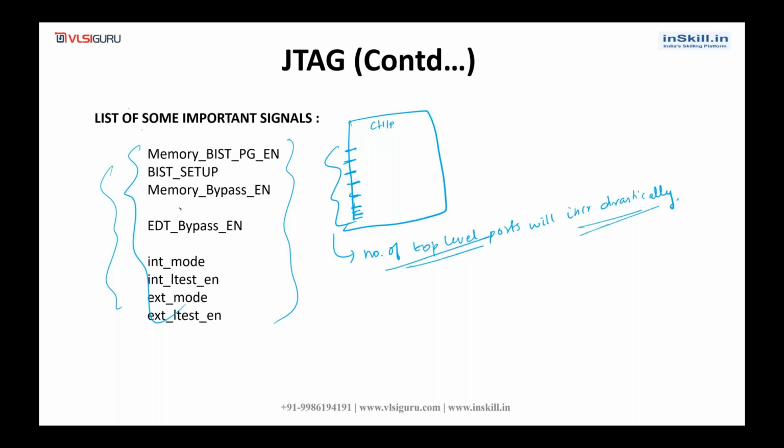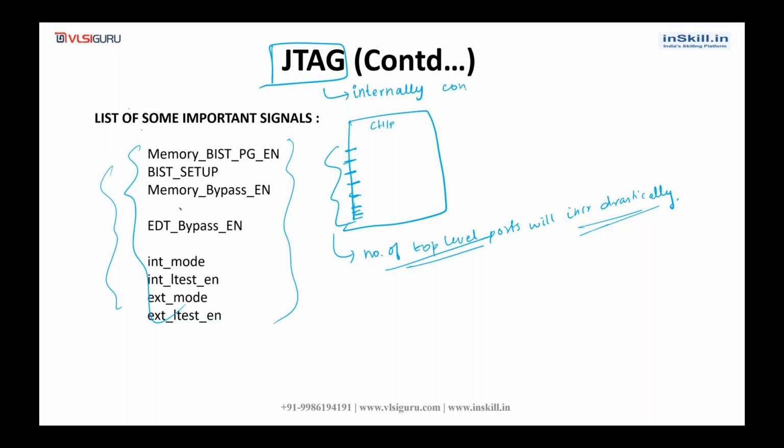So the number of ports allocated for DFT will be limited. So what do we do? We actually make use of this JTAG in order to internally control static signals.